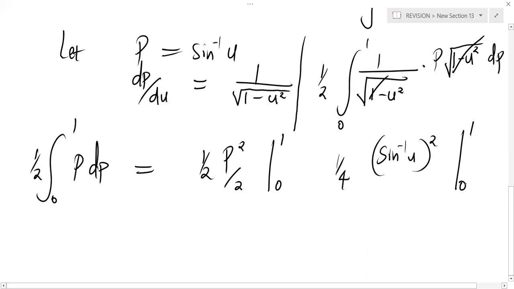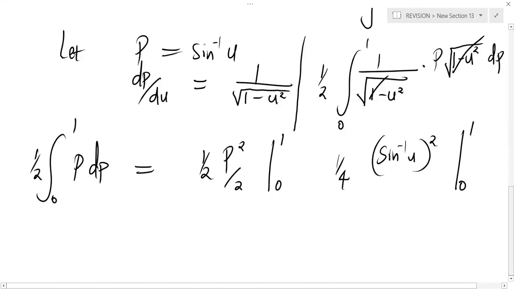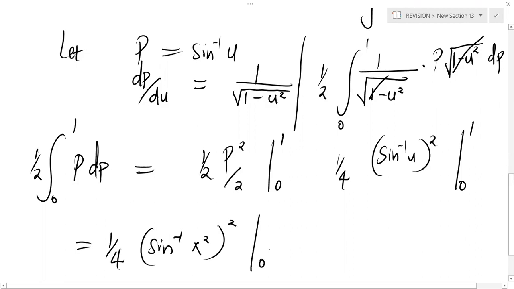But this range is with respect to x. And what is u in terms of x? Remember, we said that we use the substitution u is equal to x squared. So where there's u, I'll put x squared. So this will give me a quarter sine inverse of x squared, all squared, integral is from 0 to 1. Then let's now replace the ranges.